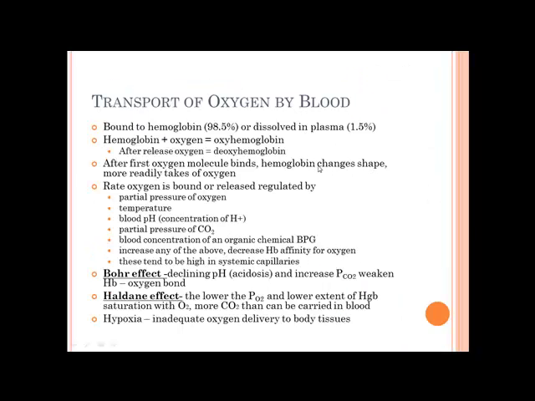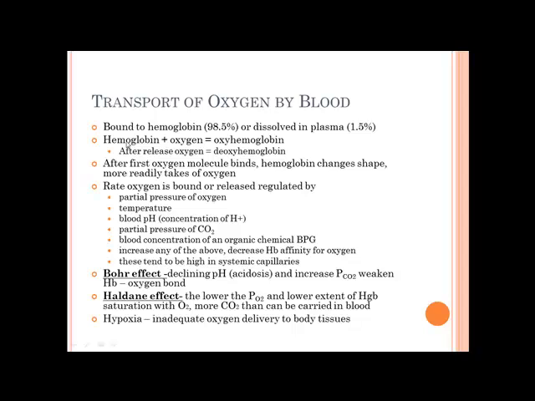So let's talk about our transportation of gases in the blood. Here we're going to specifically talk about the transportation of oxygen in the blood. Most all of the oxygen traveling through your blood will be bound to hemoglobin. 98.5% of the oxygen in your blood will be bound to hemoglobin. About 1.5% is going to be just dissolved in the plasma.